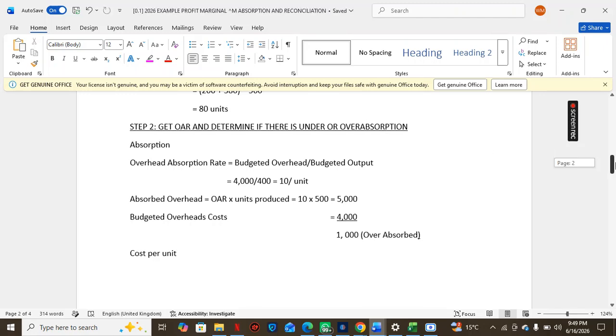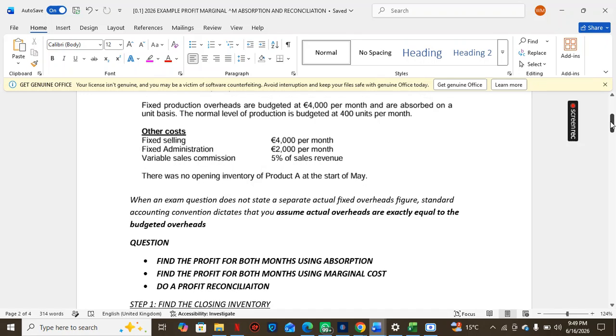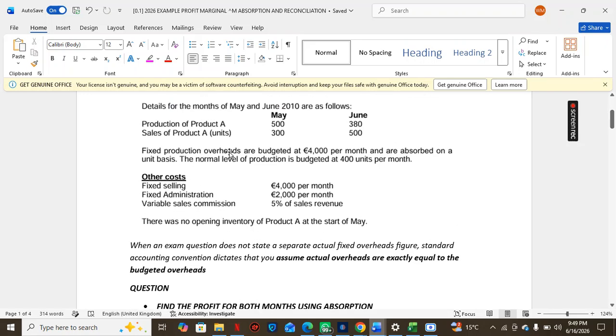In the question, they told us fixed production overheads are budgeted at $4,000 per month. The normal level of production is budgeted at 400 units per month. So 4,000 divided by 400 units.